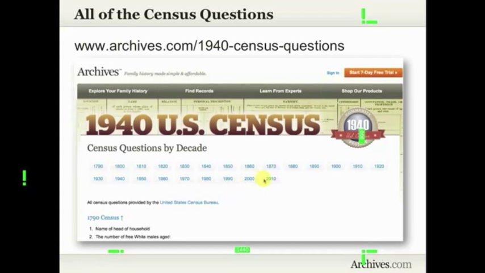Now, we obviously can't see the 2010 census yet, but we can go and see exactly all of the questions that were asked of all of the censuses. It's a great resource. Again, at archives.com/1940-census-questions.